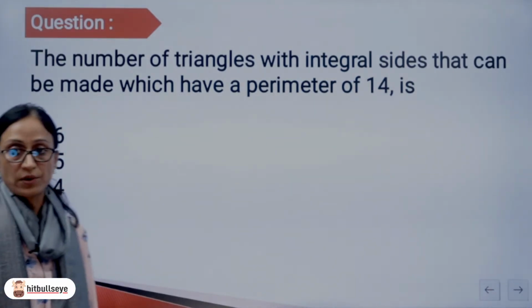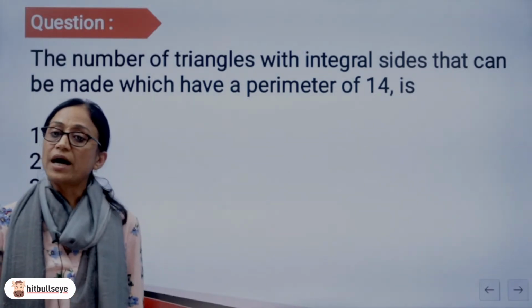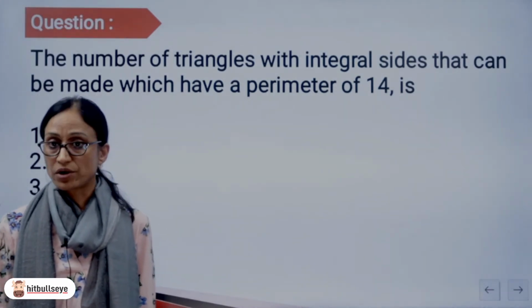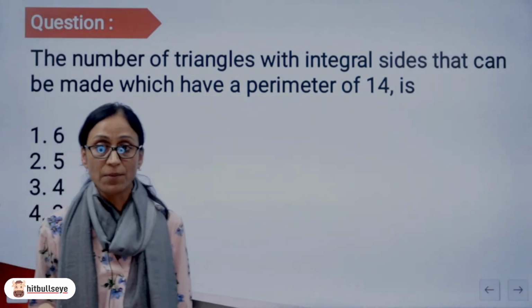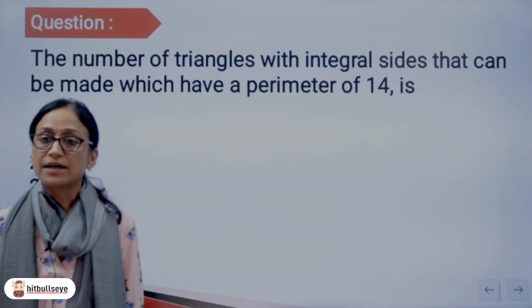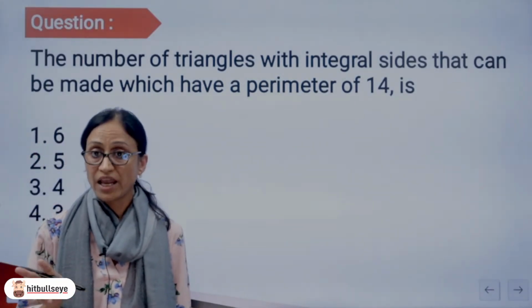So how do we solve this question? The logic behind solving this question is that the perimeter is 14 and of course that property has to come into the picture, that is the sum of any two sides. Any is important.